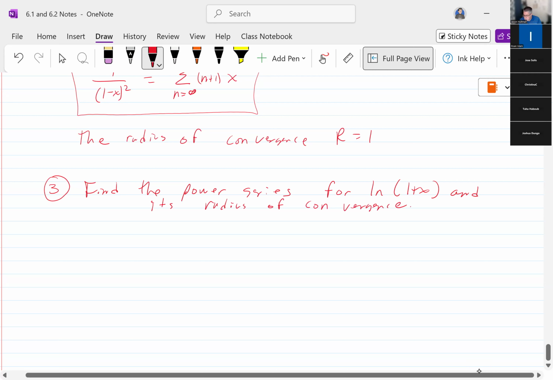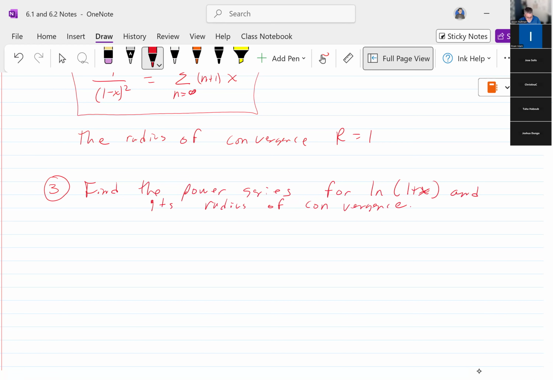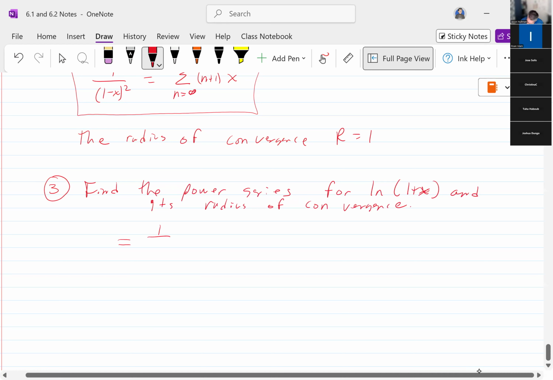So we need to change this into some sort of familiar power series. I'd like to get this to be equal to 1 over 1 plus x.